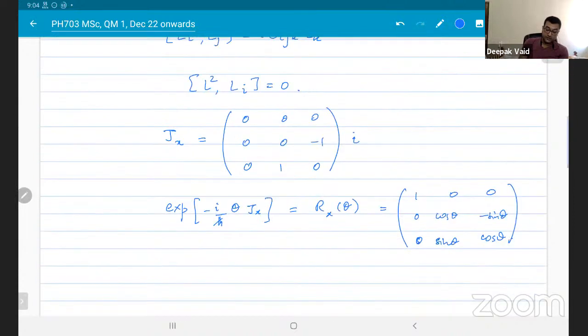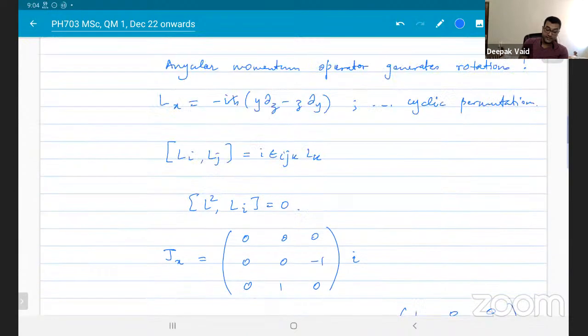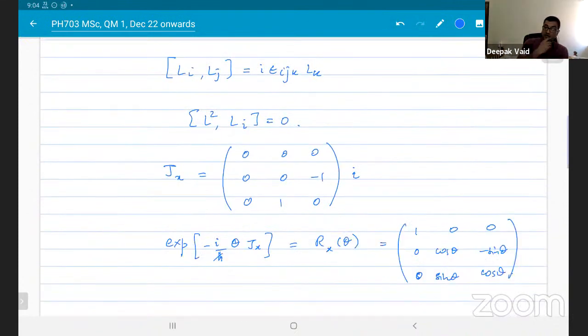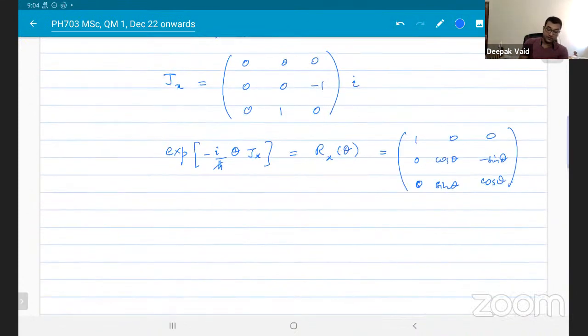Okay. So this matrix, what is it doing? It takes the vector R and rotates it to R prime. So if I take R and act on this vector with Rx theta, I get R prime.